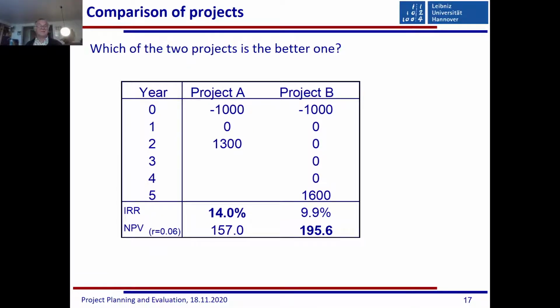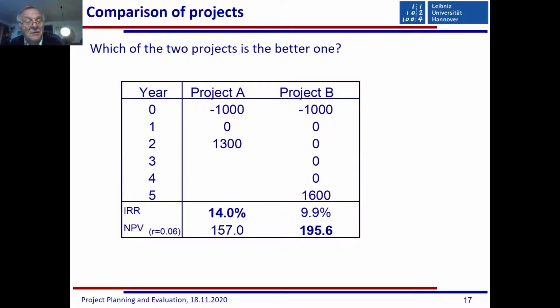Now, what do you see here? This is again very simple, and I'm on page 17. Which of the two projects is better? So here you have project A, and for simplification it only runs 2 years, and it has an investment of 1,000.